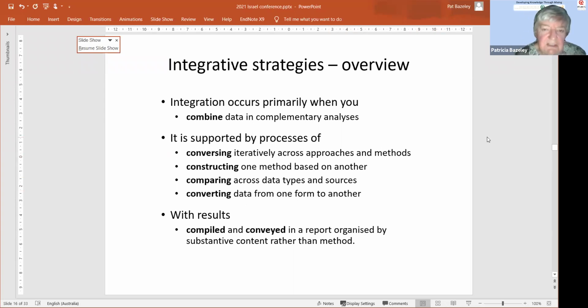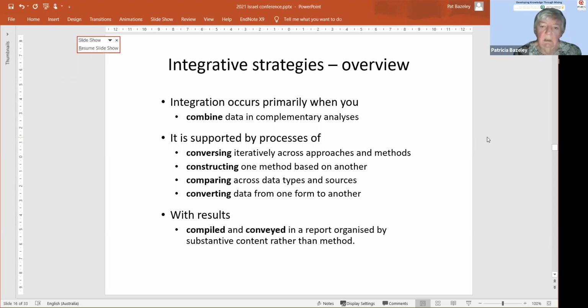So let's start with an overview. I'm arguing that integration occurs primarily when you combine data in complementary analyses. So combination of some sort is the key. And it's the key component or strategy within integration, but it's supported by other processes of conversing across approaches and methods, and I'll expand on each of these slightly as we go forward.